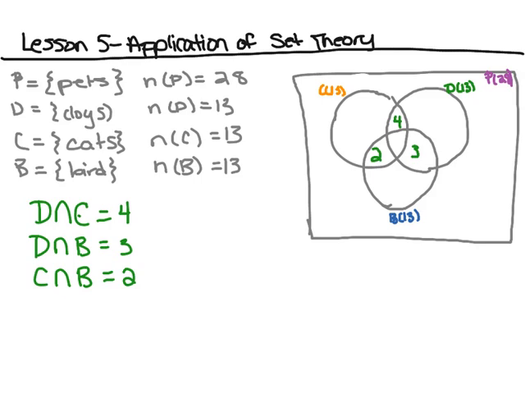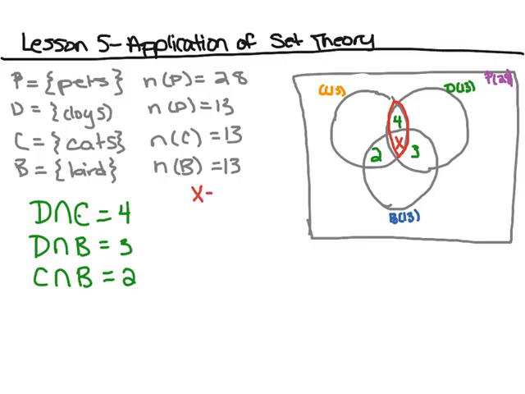So what we're going to do now is we want to figure out the numbers of each of our intersections. So if you notice, for the intersection of D and C, we also have D and C intersects here and here. So really, it's 4 plus X. We don't know how many people have a dog, a cat, and a bird.